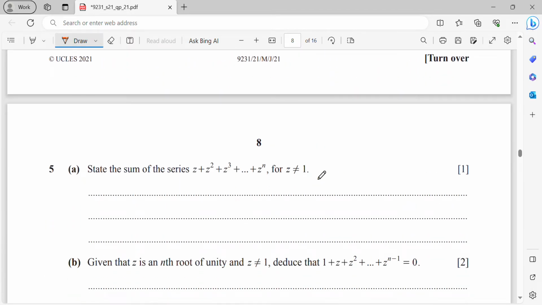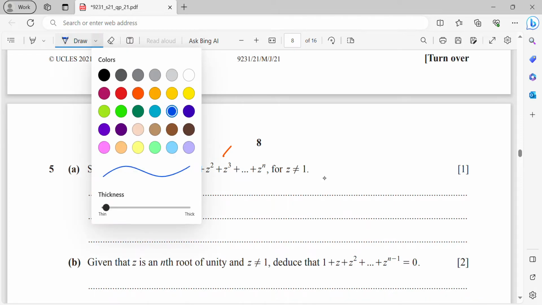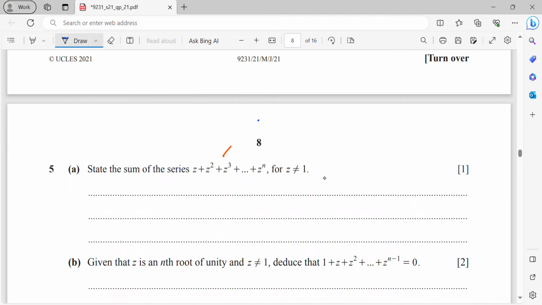Now for question number 5. State the sum of the series for z not equals to 1. So now z plus z squared plus z cubed until z degree n.